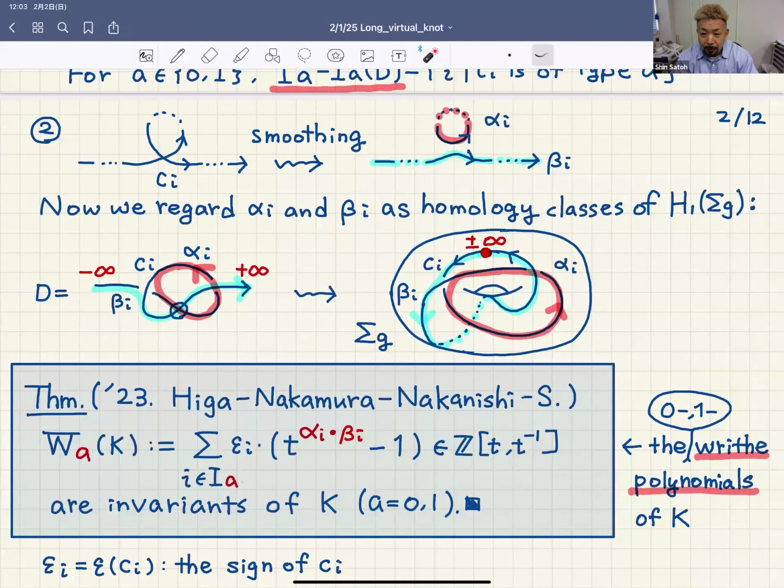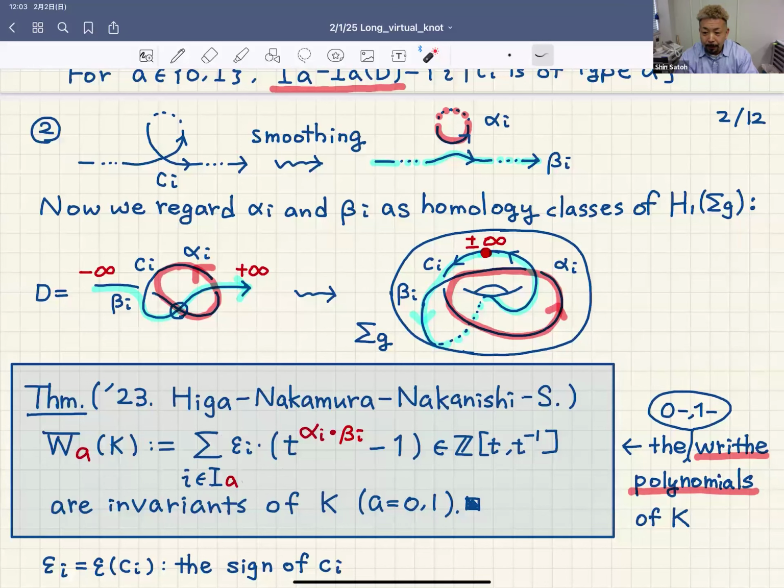Now we consider a surface realization of the diagram D. Here, a surface realization is a diagram with no virtual crossings on some oriented closed surface equipped with a base point at infinity, by identifying the endpoints of the long virtual knot here and here. Under this identification, we will regard the curves alpha i and beta i as the first homology classes of this surface.